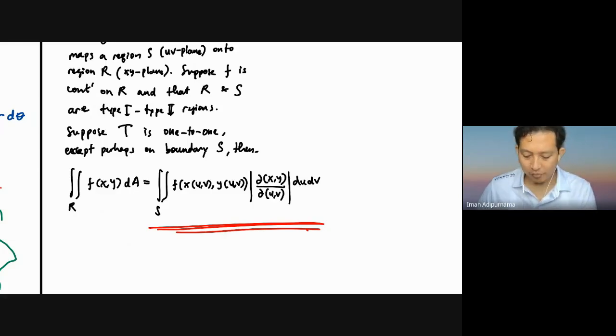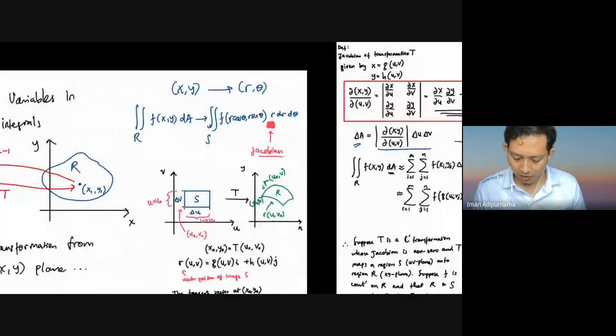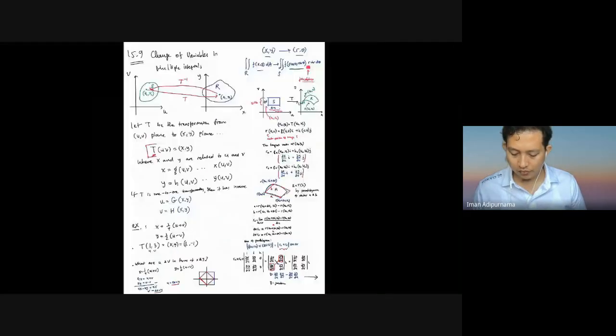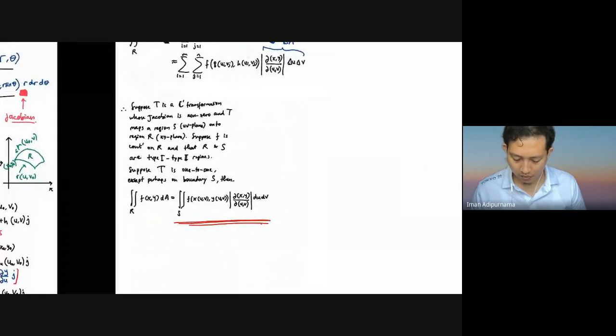Okay, in practicality, Jacobian is not too difficult to use as long as you know how to connect the x, y, and UV. So, for example, the idea that I gave you before is you need to connect this xy with the r and theta. So let me write maybe here.